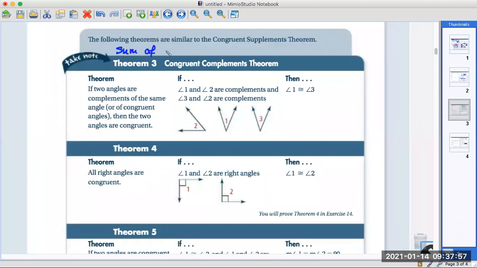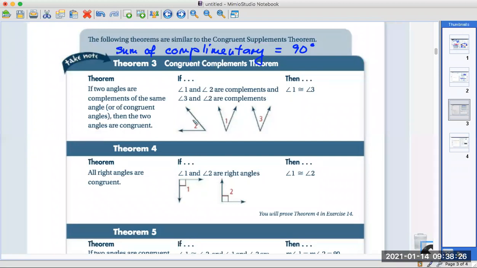So if 2 angles are complementary, their sum is 90 degrees. So they always make a right angle, yeah? So the 2 words are complementary and supplementary that you have to know. So here's the theorem. If 2 angles are complements, these 2, 1 and 2 are complements. So I'm making up a number.